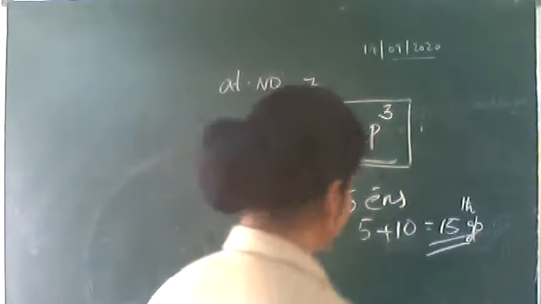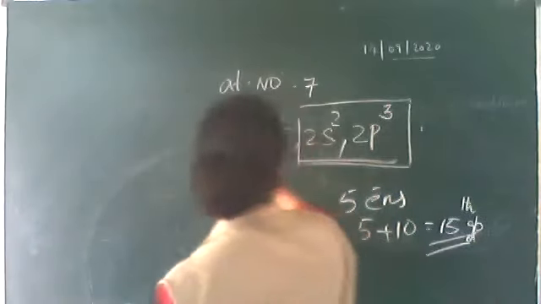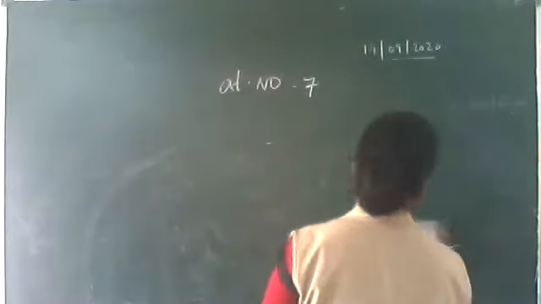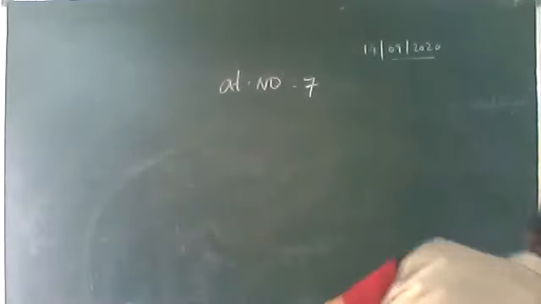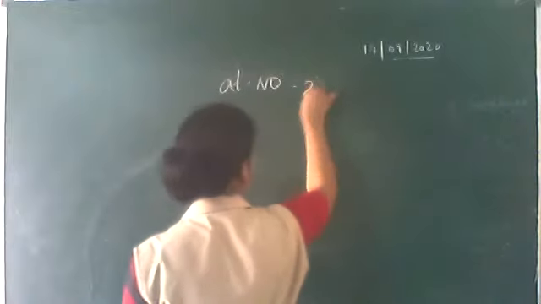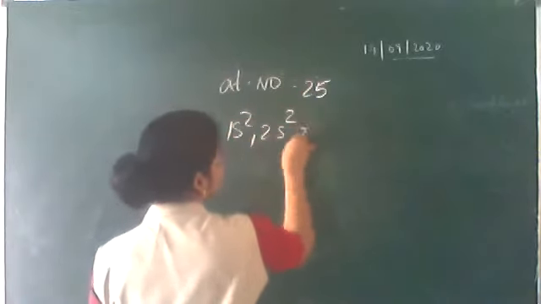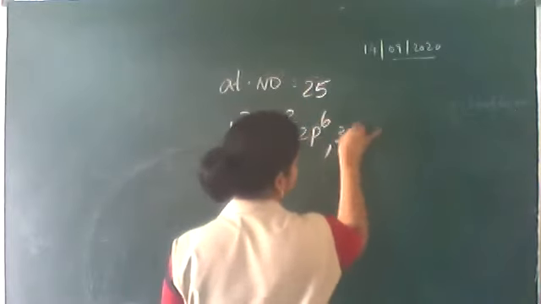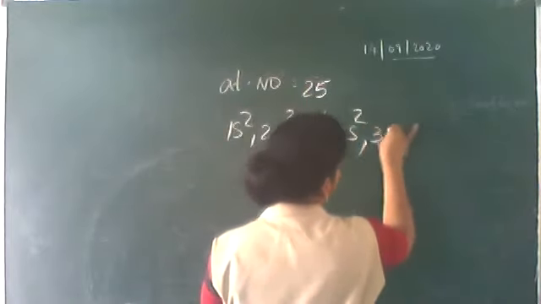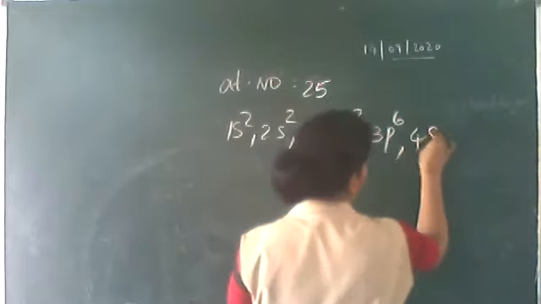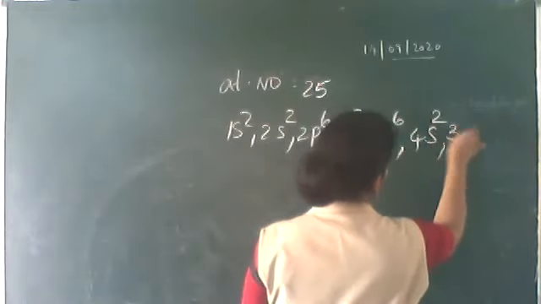See, in the previous example there were no d electrons. For example, atomic number 25: 1s2, 2s2, 2p6, 3s2, 3p6, 4s2, 3d5.